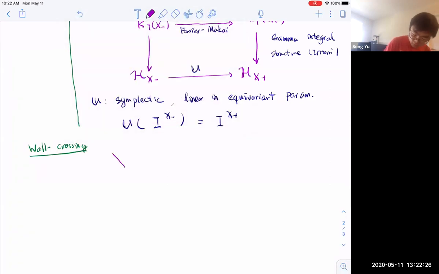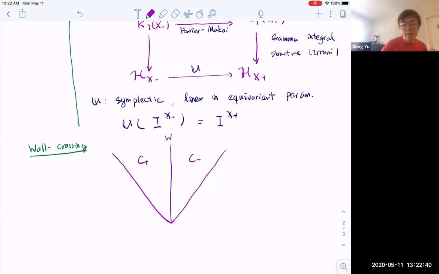We have two neighboring cones in the secondary fan, C plus and C minus, which share a common codimension 1 face, which is the wall W. Here, C plus minus are the extended nef cones of X plus minus in the secondary fan.